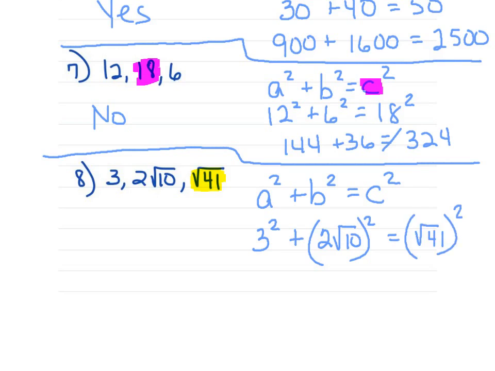All right, so 3 squared would be 9. 2 radical 10 squared is 40. And radical 41 squared is 41. So the question is, is it true that 9 plus 40 equals 41? And the answer is no, therefore this is not a Pythagorean triple.